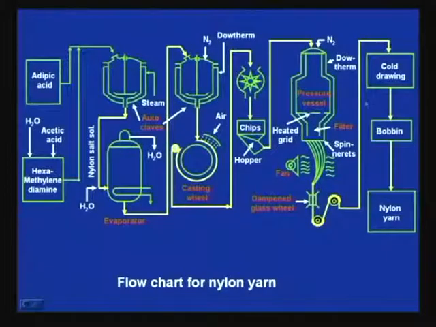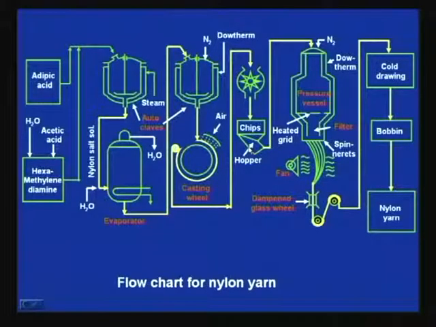So, you will get nylon chips, and then that nylon chips can be used for many purposes, for product fabrication, say for fiber drawing or casting of some structural items like gears and other things.